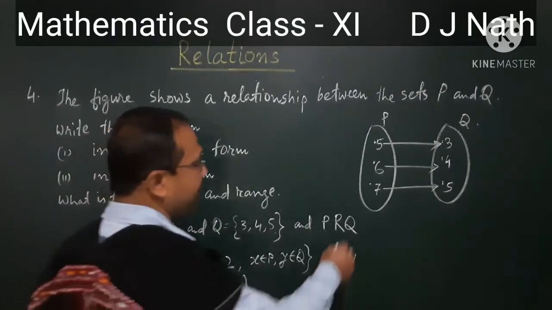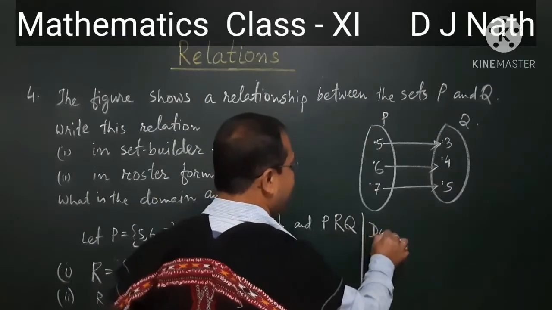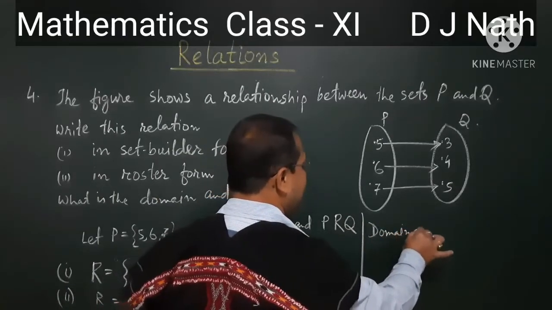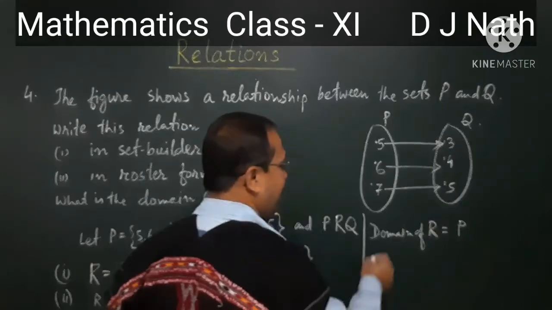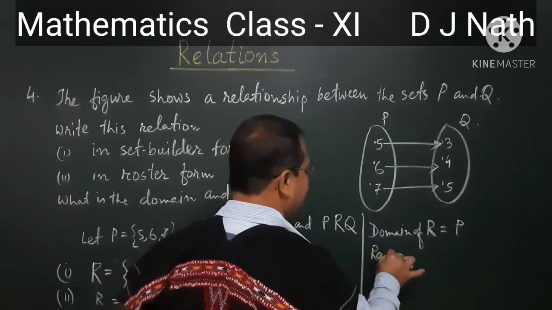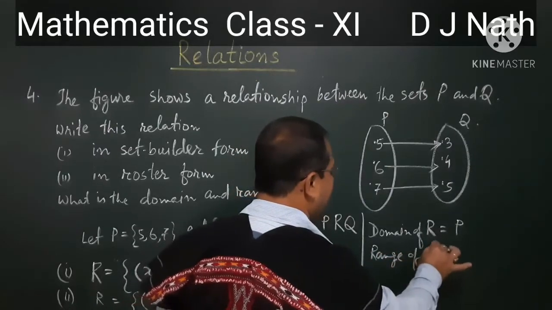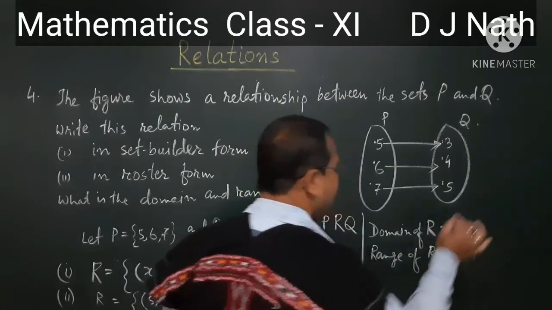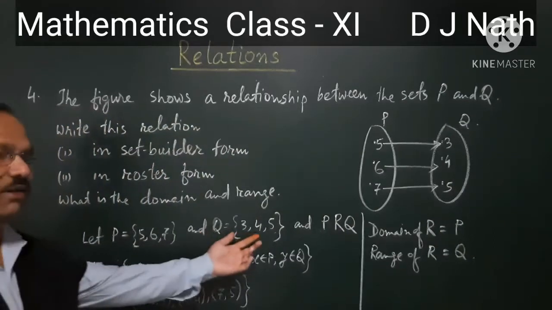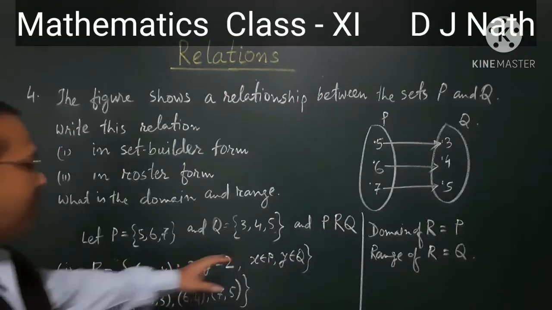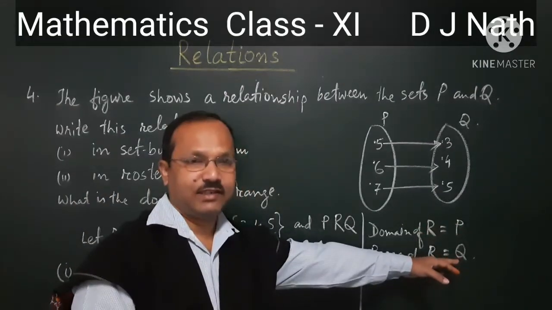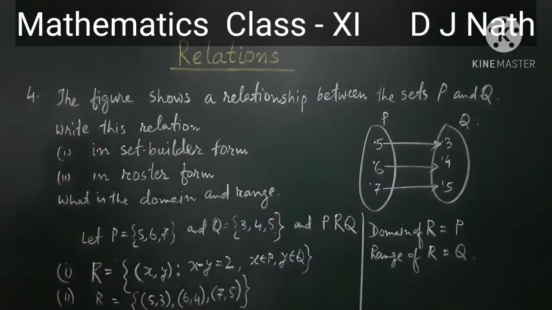So the domain of the relation is set P and the range of the relation R is set Q. This way also we can write it as 5, 6, 7 and 3, 4, 5. This way you can do this second exercise.